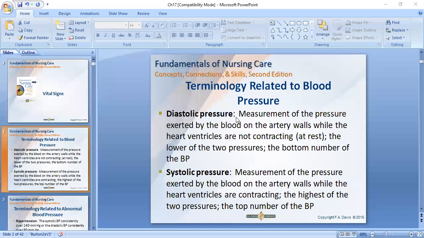So the water puts pressure on the wall of the tube. This is actually the pressure. Same thing, blood is passing through the arterial system, right? An artery looks like the tube. The blood is like water.